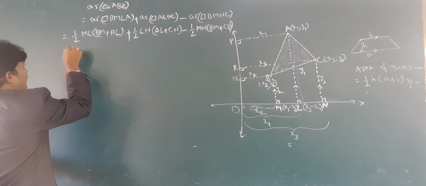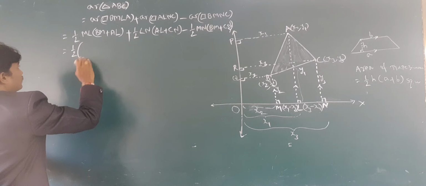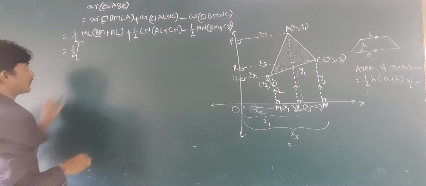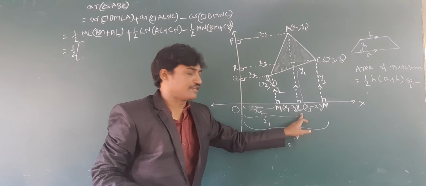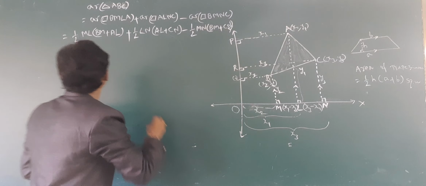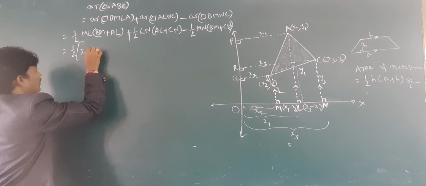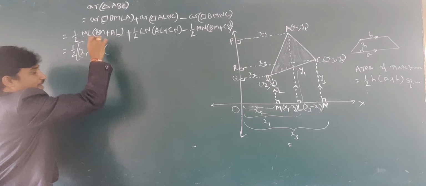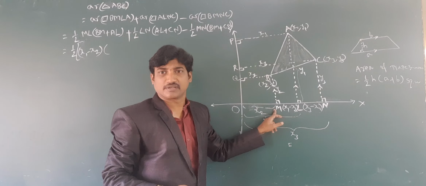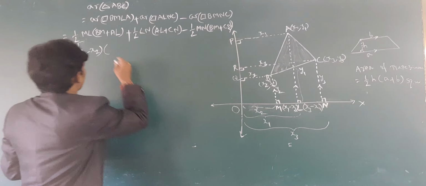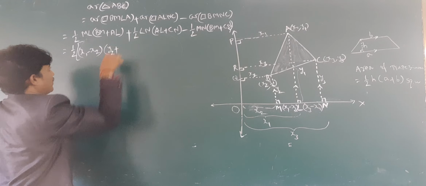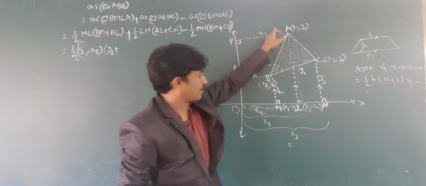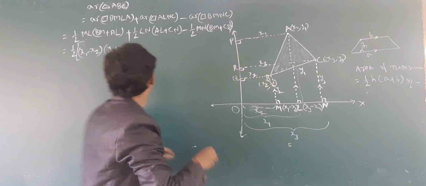Now ML is x1 minus x2, into BM, that is y2, plus AL, that is y1.